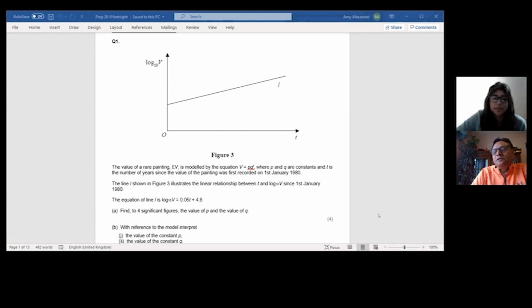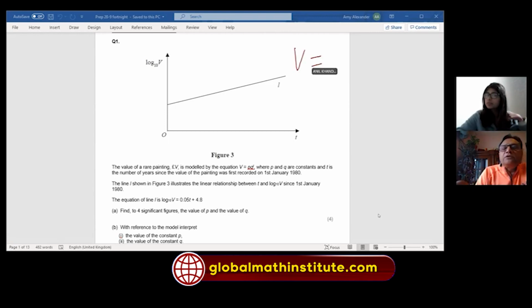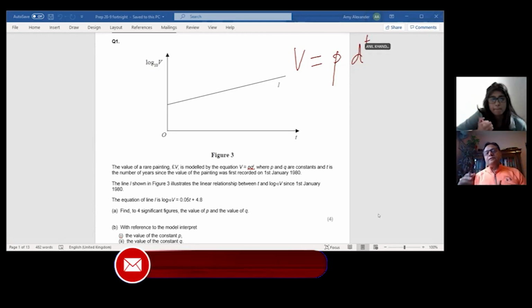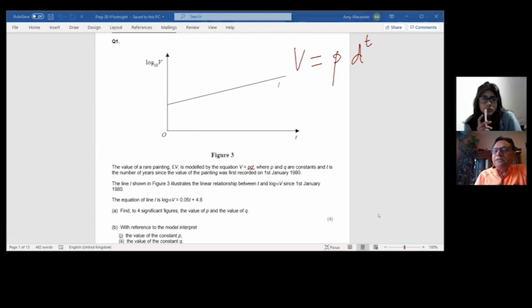So from here you understand one more thing. We were actually given the equation v equals p d to the power of t, right? So this is a standard method of writing these exponential functions as logarithmic functions and getting a linear graph, because interpretations from the linear graph are much easier and very accurate also.